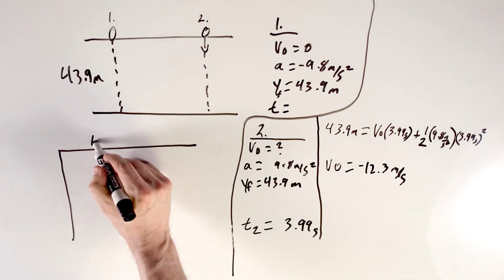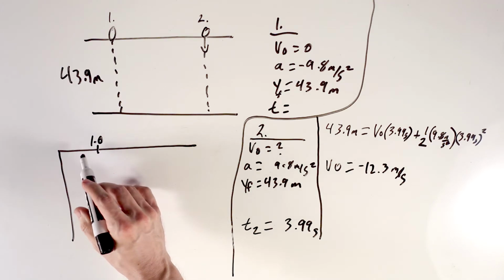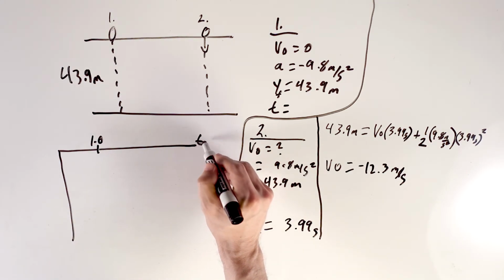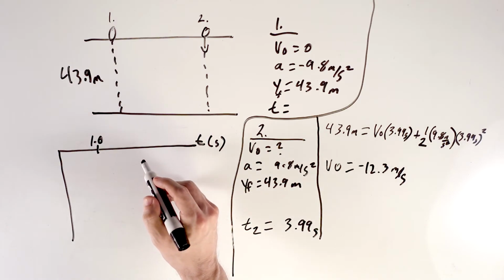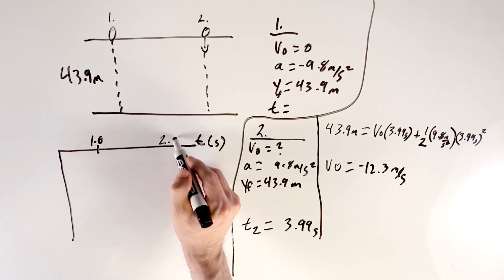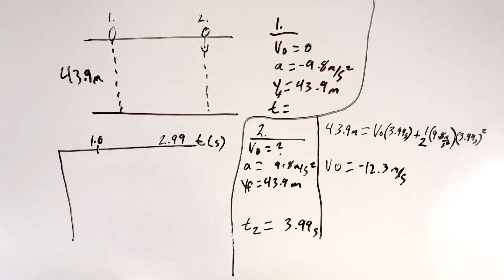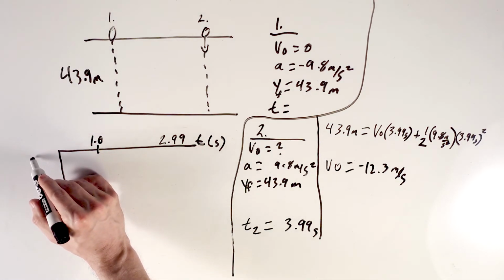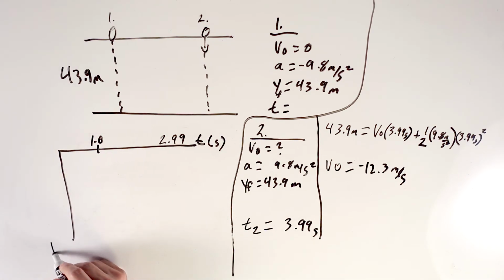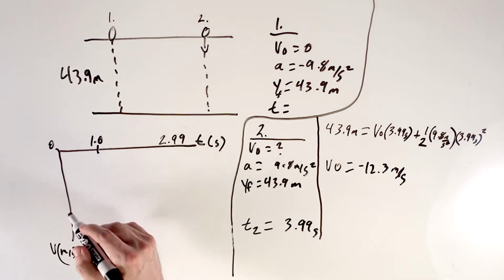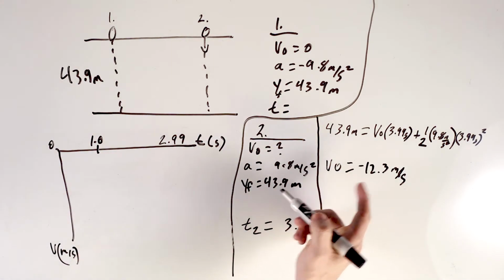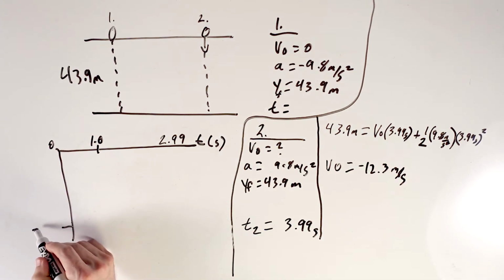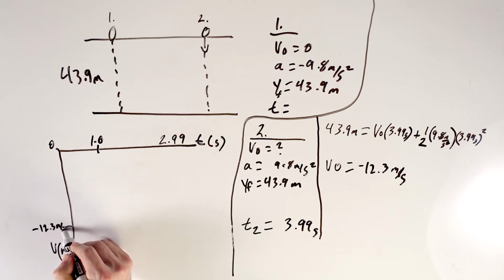So if we just make something like 1.0 for time, in seconds, and then we have our 2.99. Then you have your velocity up here, velocity in meters per second, 0 point. And then we know it goes to negative 12.3 meters per second.